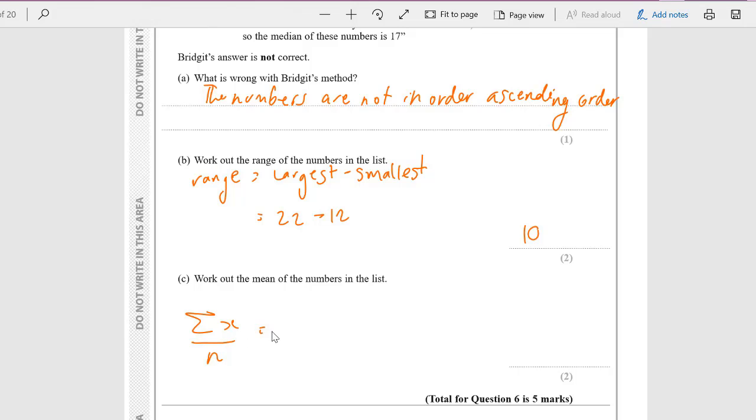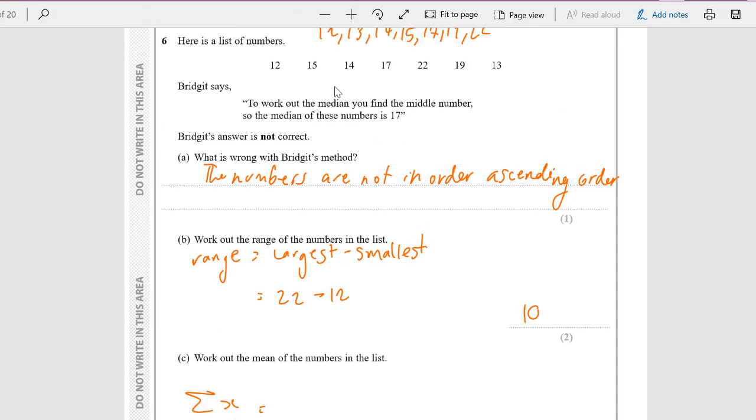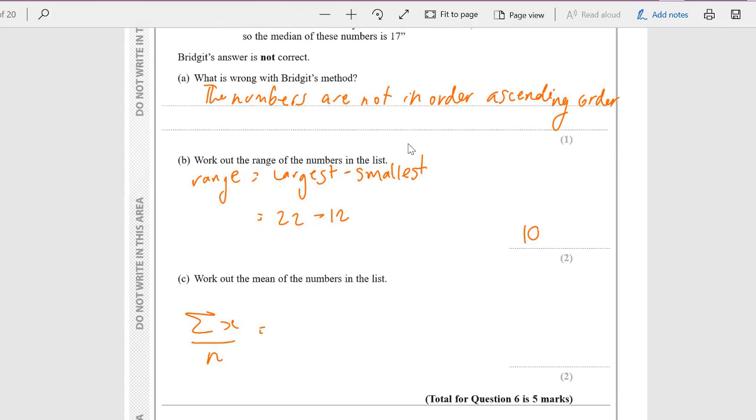So if you sum up all the numbers above and then you divide by the number of numbers, so 1, 2, 3, 4, 5, 6, 7, so there are 7, and you divide by the total number, you will get 16 as your answer.